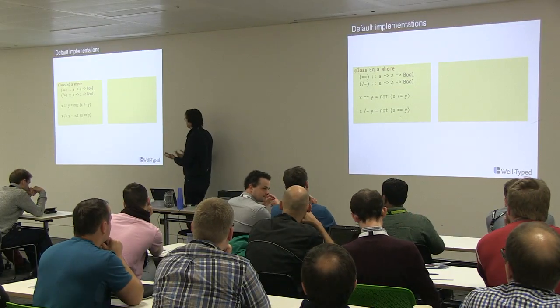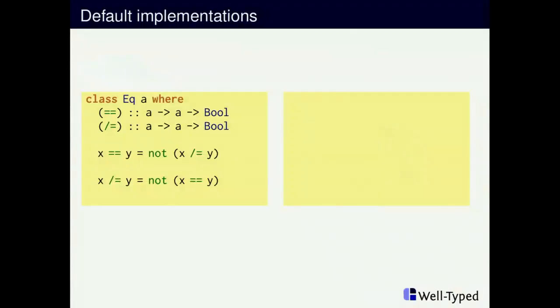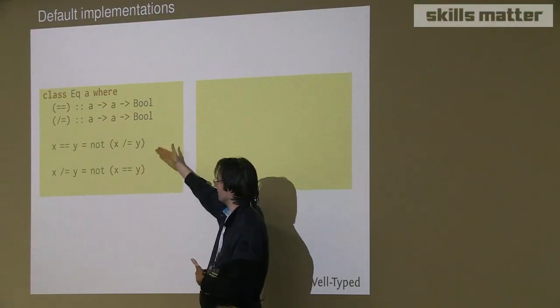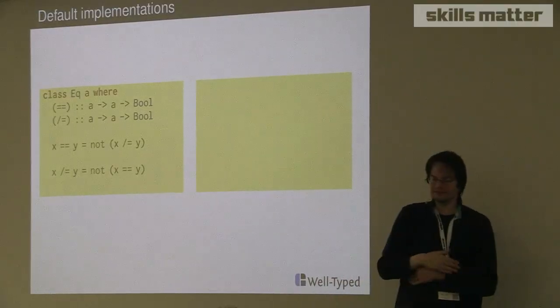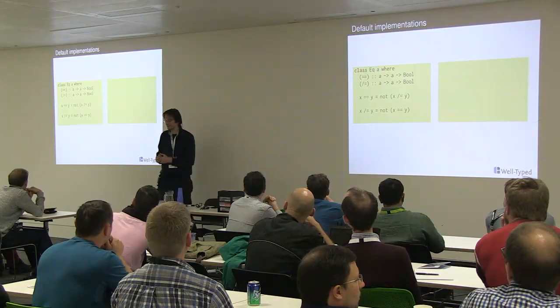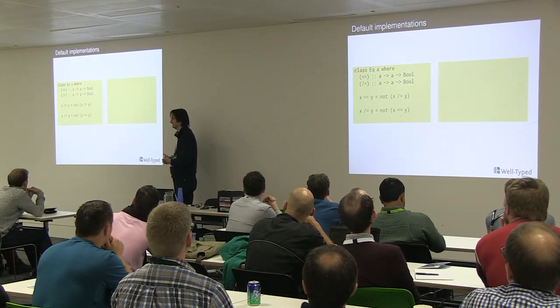A few more cases. So classes actually have default implementations, and so does the equality class. And in fact, the equality class has a slightly strange default implementation where both the equality and the inequality method are defined in terms of each other. And these days you have a compiler pragma that actually shouts if you just think, oh, then I don't have to define any of them.